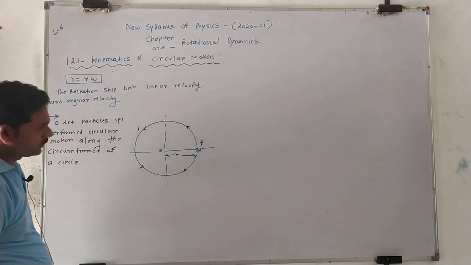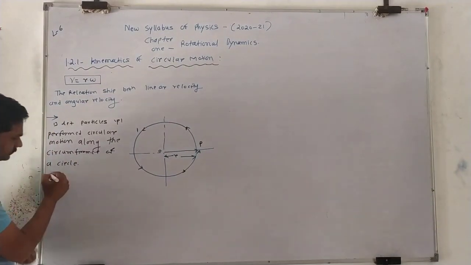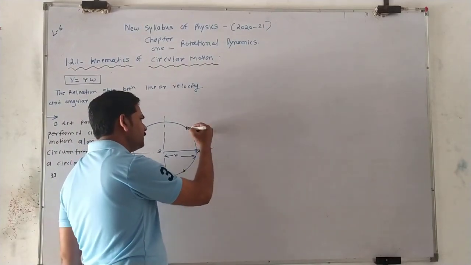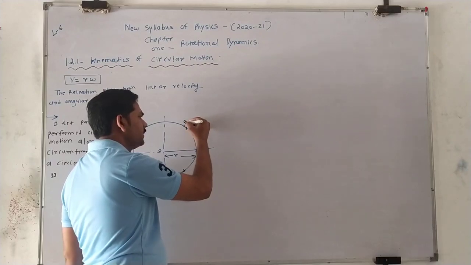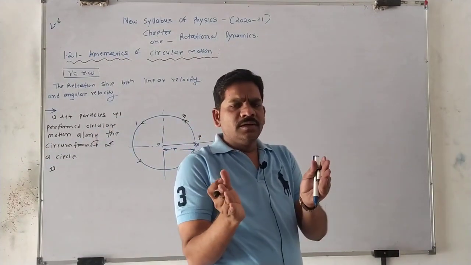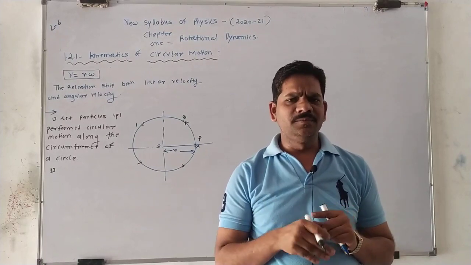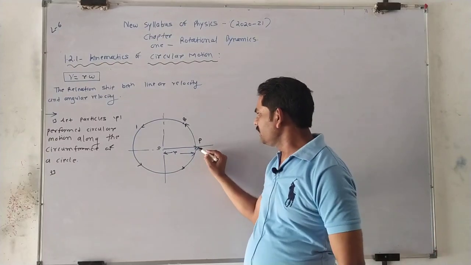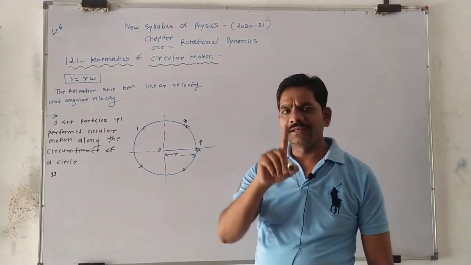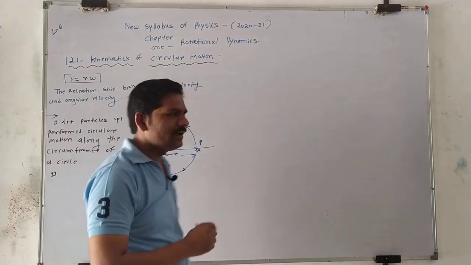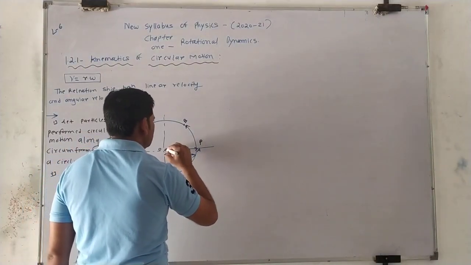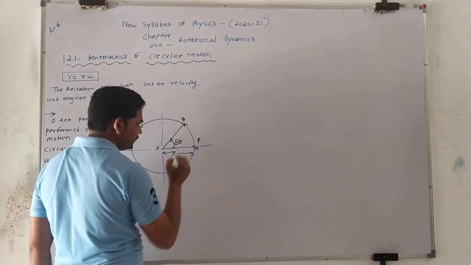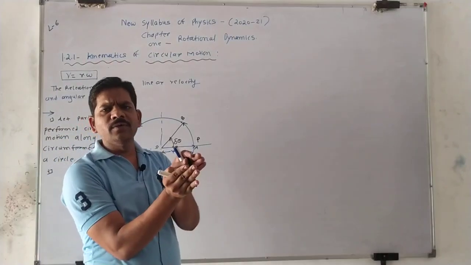Now, in the second point, we consider the particle at A. The particle at A is shifted to the point B in a very short, instantaneous time, which we consider as delta t. In delta t, the particle moves from A to B and covers how much angular displacement, boys? Delta theta. This much angle is covered, delta theta, a very small angular displacement.